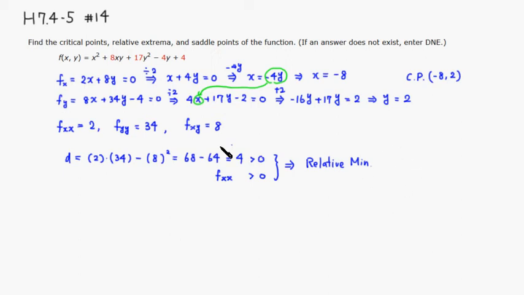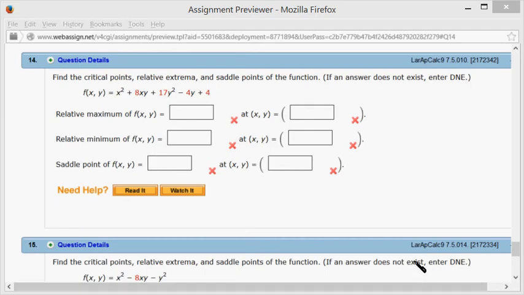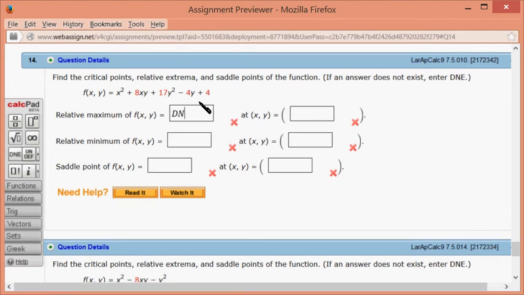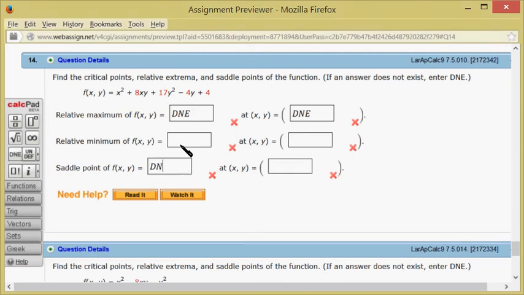So let's type it in. We know that the relative max does not exist, so we just have to type in DNE. And here we put DNE, and it's not a saddle point, so this is DNE, and this is going to be DNE.